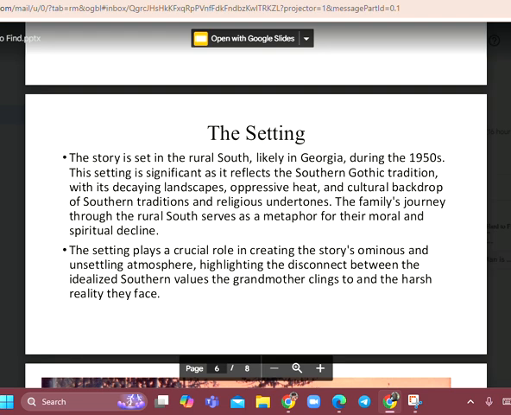The family's journey through the rural South serves as a metaphor for their moral and spiritual decline. The setting plays a crucial role in creating the story's ominous and unsettling atmosphere, highlighting the disconnect between the idealized Southern values the grandmother clings to and the harsh reality they face.